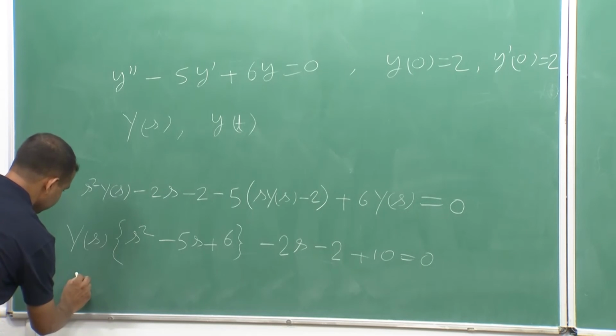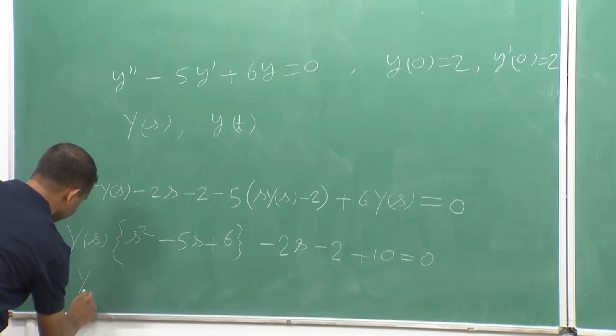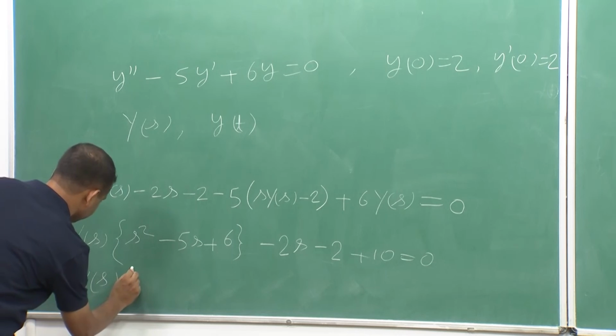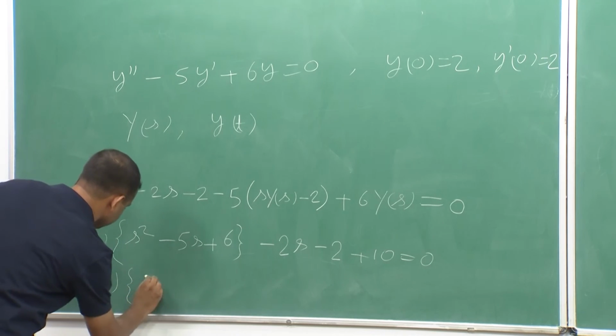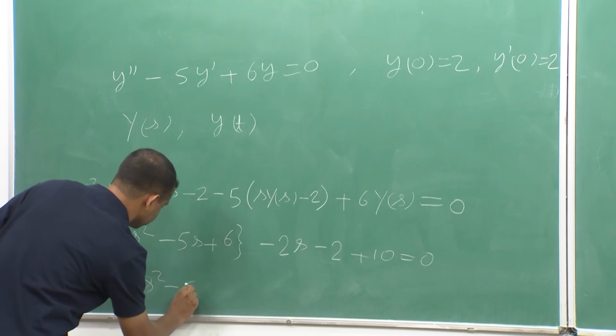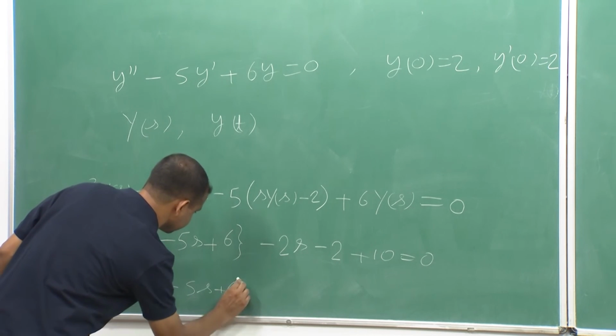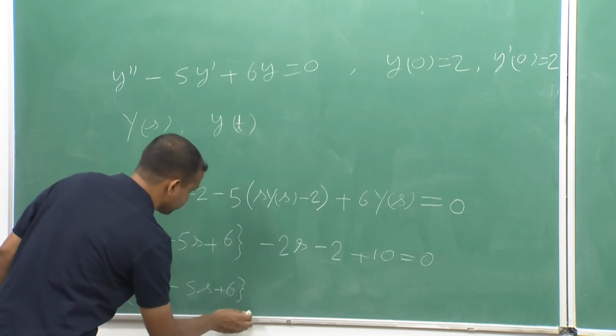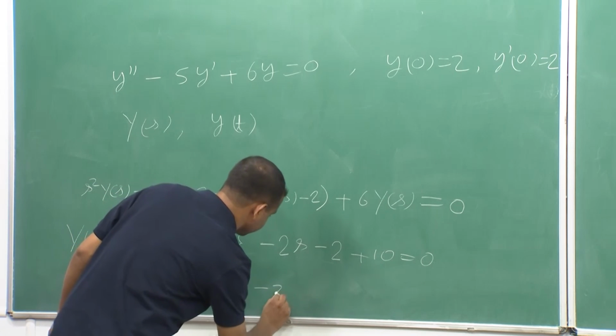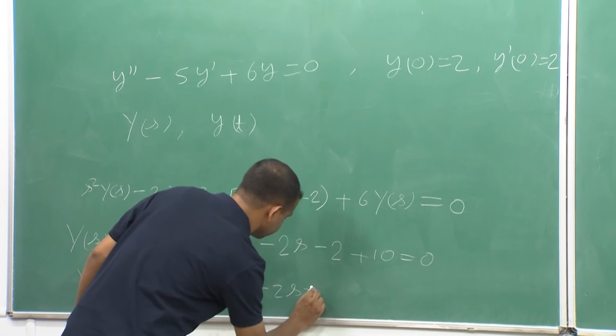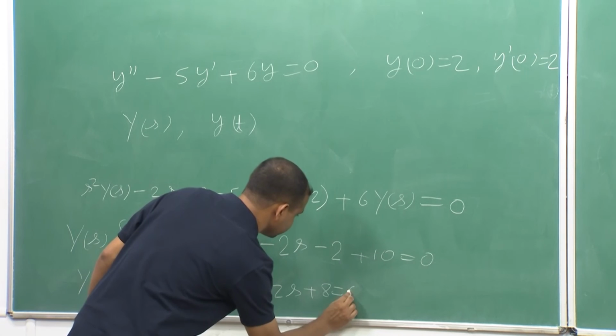And from here we can get y of s times s square minus 5s plus 6, minus 2s plus 8 is equal to 0.